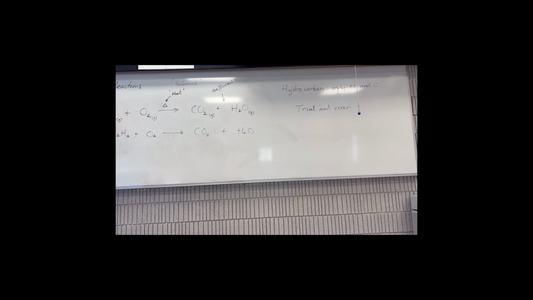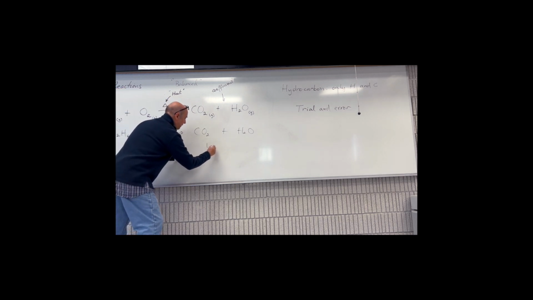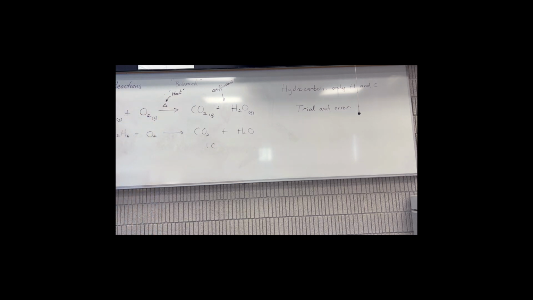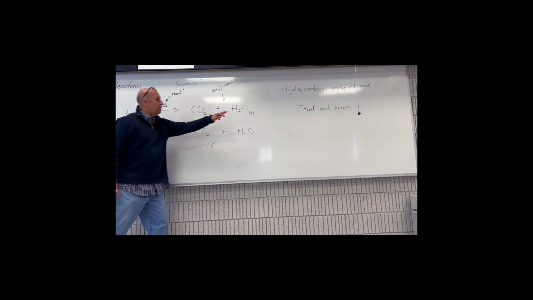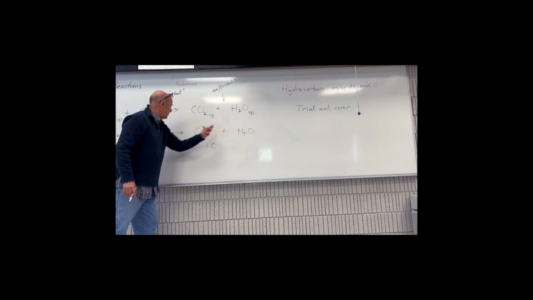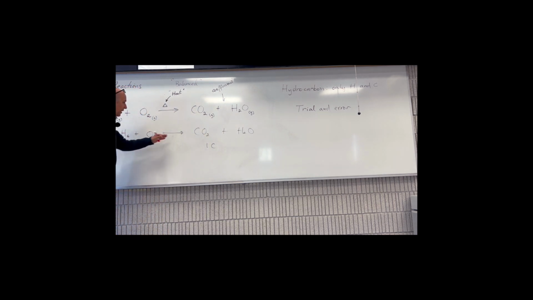Because now, if we start doing the accounting, we have 2 carbons, and we only have 1 carbon here. So right from the start, it's unbalanced based on the carbon. Trial and error. What can we add to the chemicals to balance the carbon?